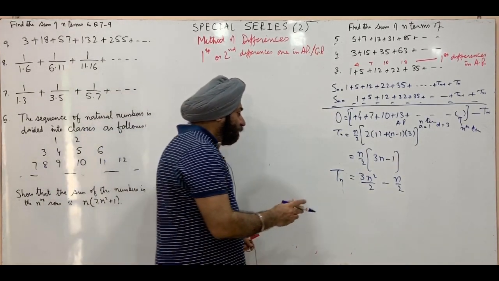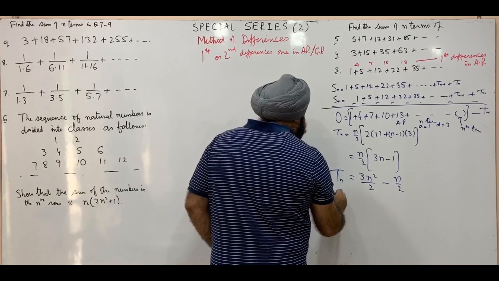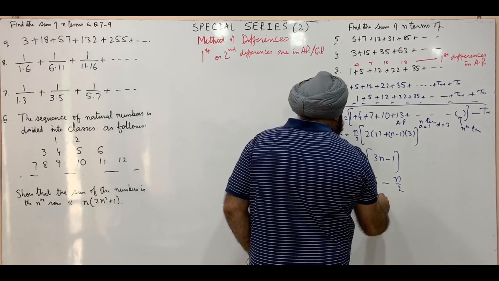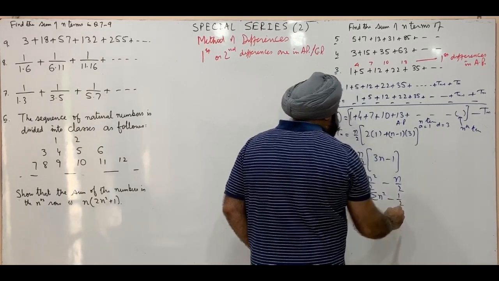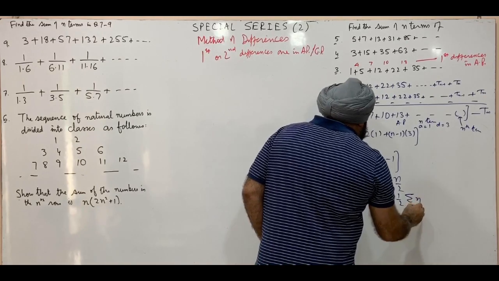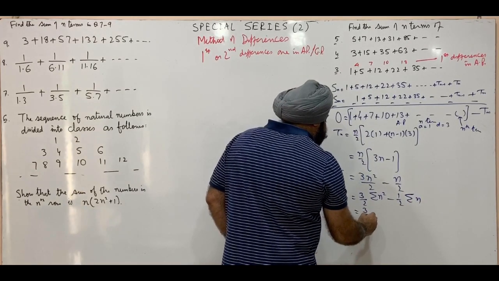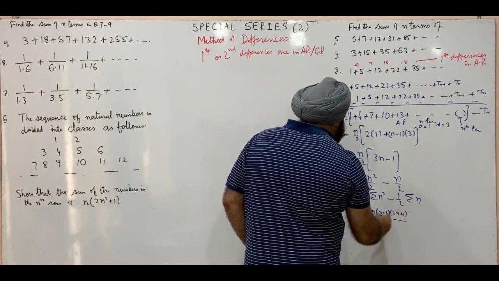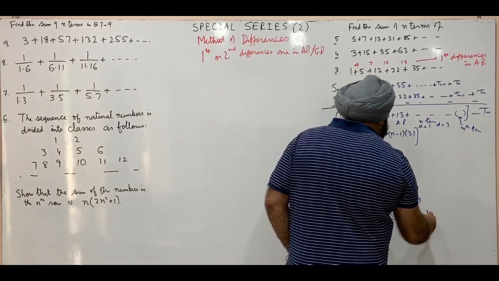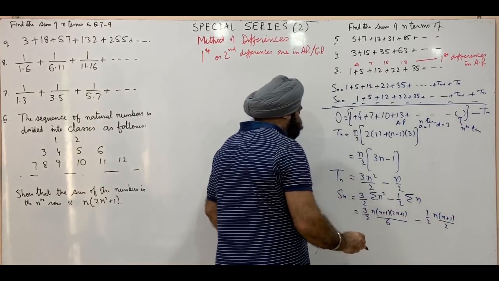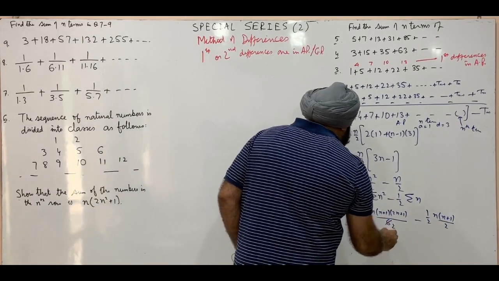So what next? We can apply sigma. So Tn to Sn, this is 3 by 2, n square changes to sigma n square, minus 1 by 2, n changes to sigma n. We know these values. This is n into n plus 1 into 2n plus 1 upon 6, minus 1 by 2 into n into n plus 1 by 2.